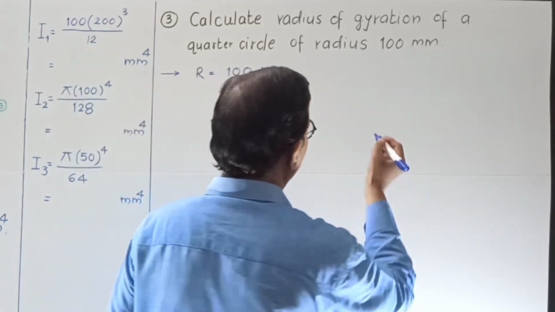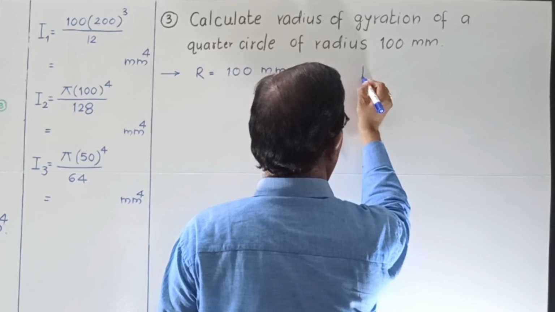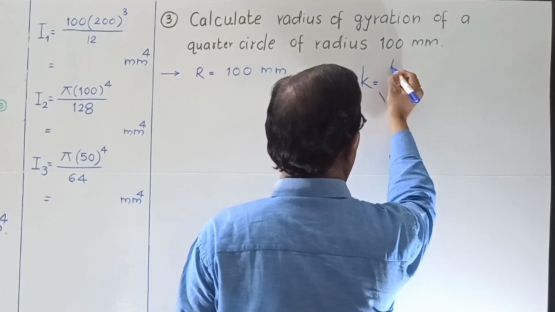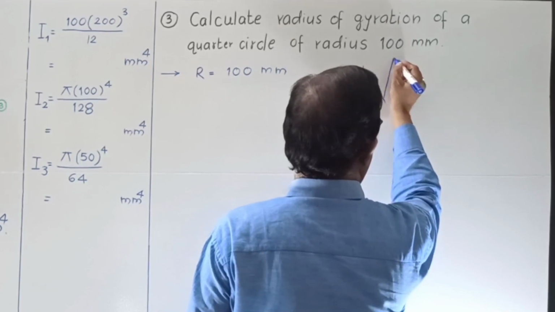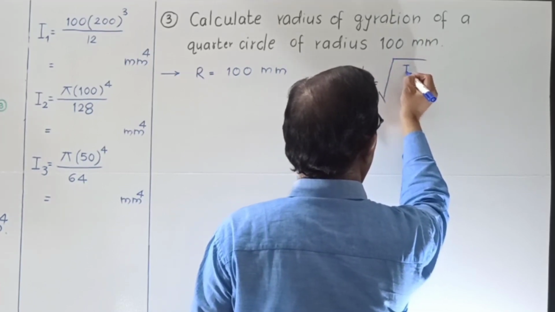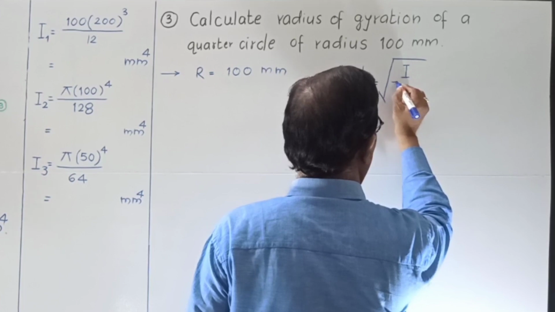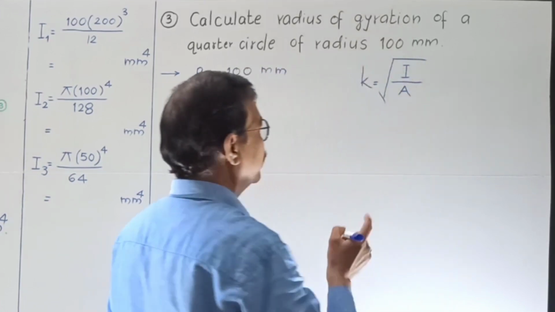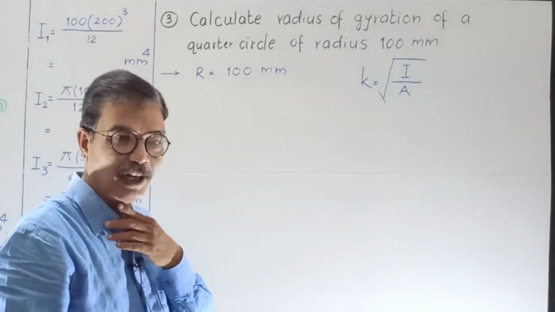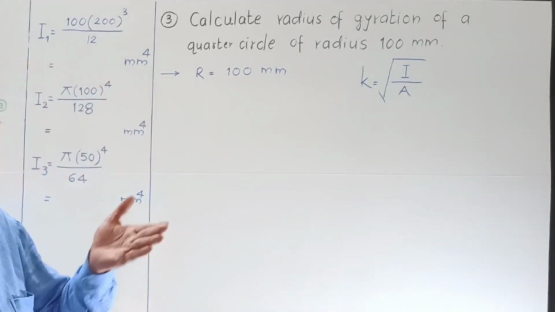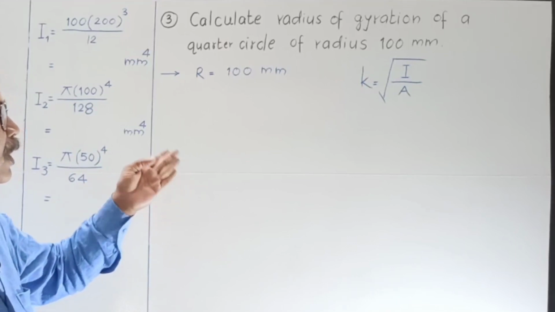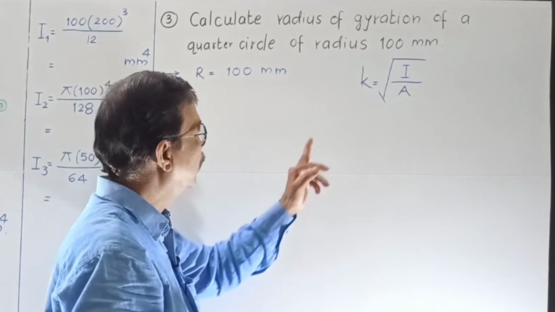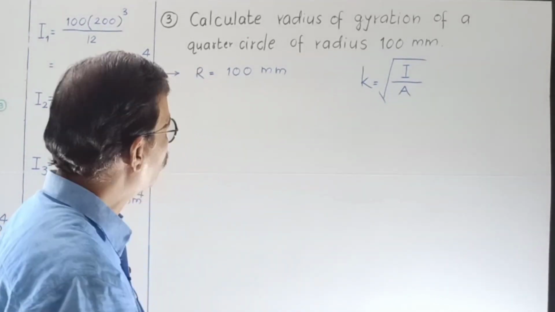We know that the radius of gyration, that is k or small r, is equal to I upon area raised to 1/2, or under root of I upon area. Now we already know that a quarter circle is symmetrical about the axis at 45 degrees. So Ixx and Iyy for a quarter circle are same. Therefore, Kxx and Kyy will also be same.